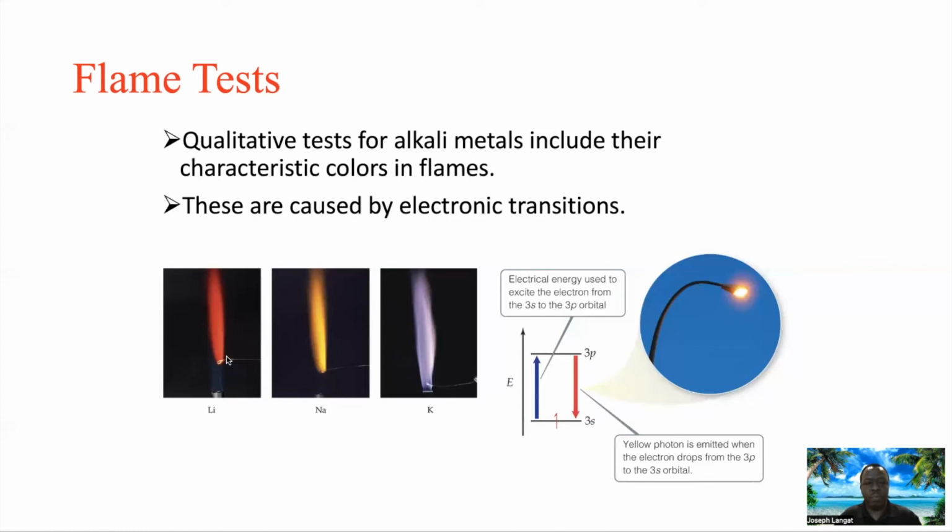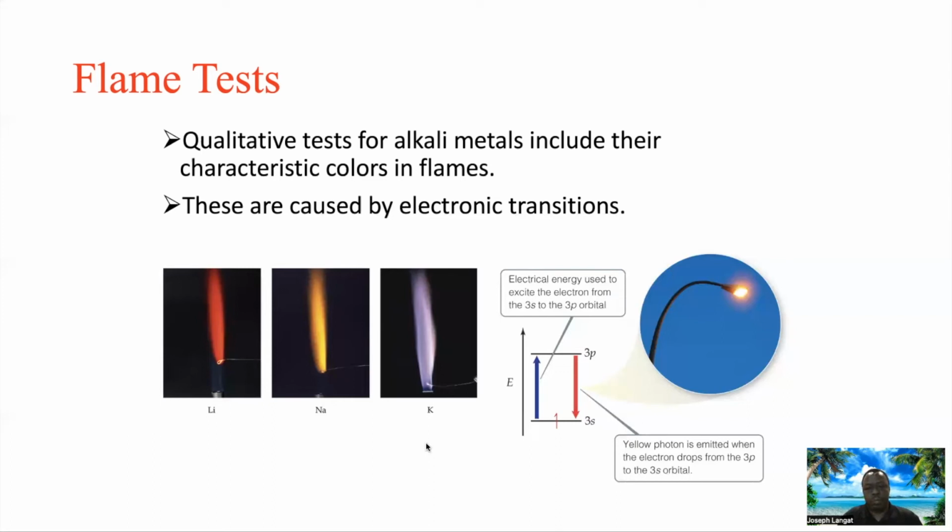If you look at the loop here, it had some sample of lithium salt solution, salt solution of sodium: yellow orange, brick red for lithium, and somewhat violet for potassium, right?